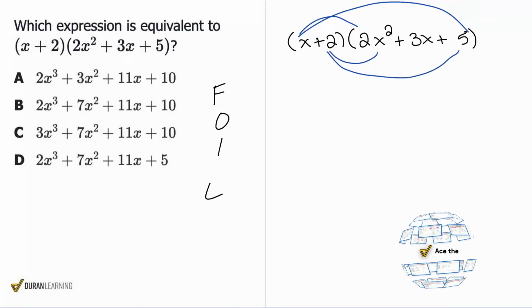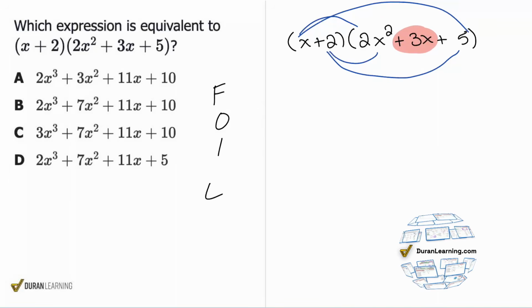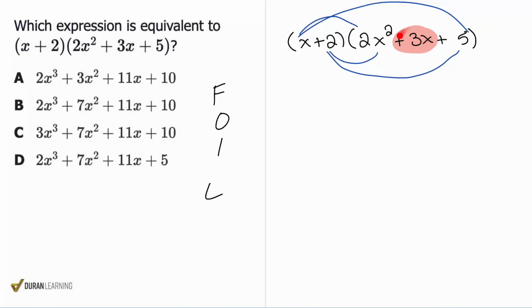If I follow that, do we all see that we completely ignored the 3x? If we just assume that FOIL sticks to everything, do you notice how we completely ignore that 3x? Yeah, that's one of the big issues, actually.